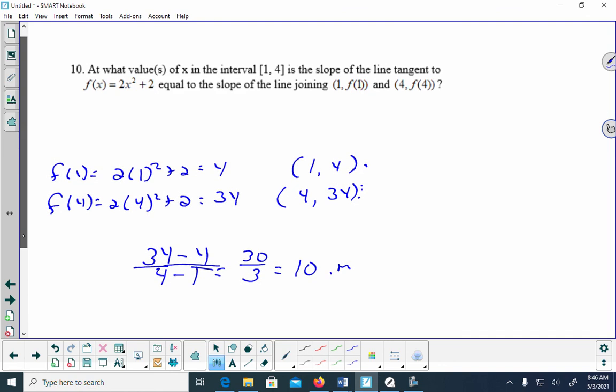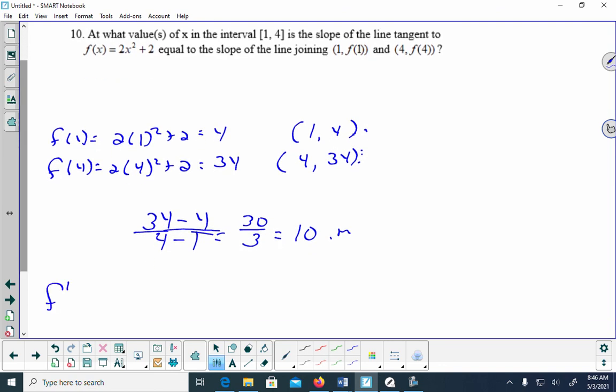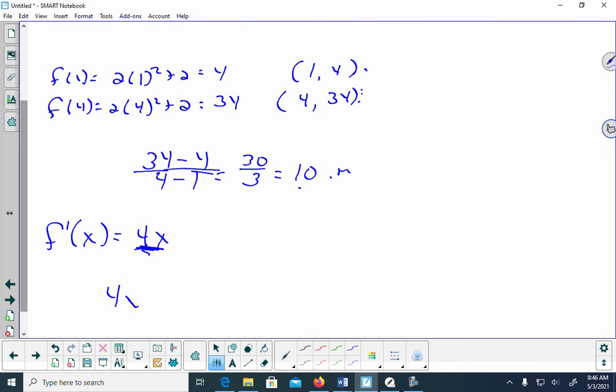Now I want to find the slope of the tangent line. So I'm going to find the derivative of that. So 2 times, so that'll be 4x, and then the derivative of 2 is 0. So I want to find the x value when this slope is equal to that 10. So I'm going to say 4x is equal to 10.